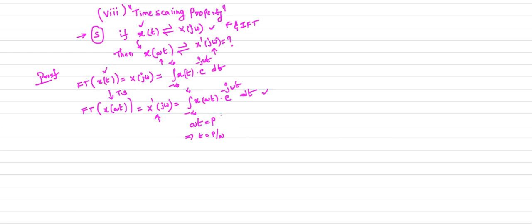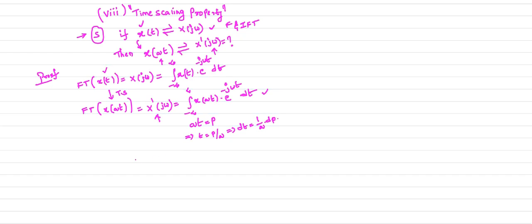A small change dt will result in 1 by a times the small change in p. I am just transforming this equation, which is in the time domain t, into the p domain, another variable, because I want this expression in terms of the standard form.